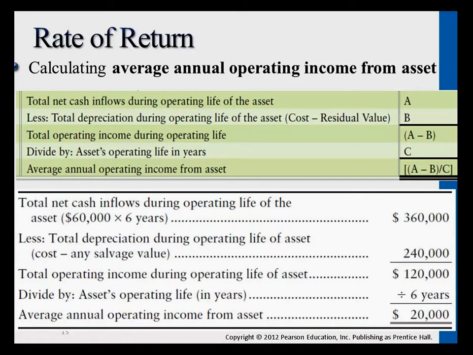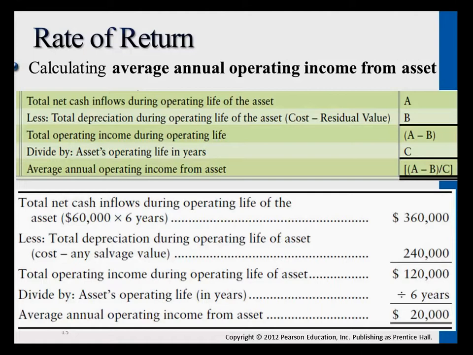So first, let's say we have total net cash inflows during the operating life of the asset of $60,000 for 6 years. We just multiplied those and got $360,000. Now, to calculate our average annual operating income, we subtract total depreciation during the lifespan of the asset.